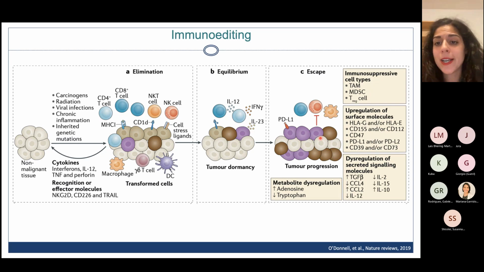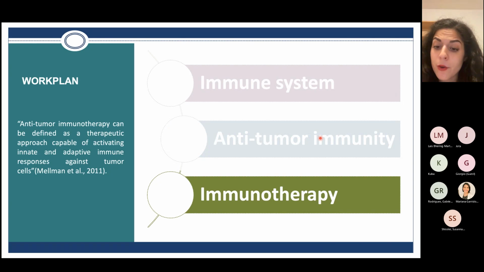And here you are in the escape phase, where the tumor will grow. So the aim of immunotherapy is to act on these different steps, and mainly during the escape phase, in order to activate the innate and adaptive immune response, in order to have this anti-tumor immunity.